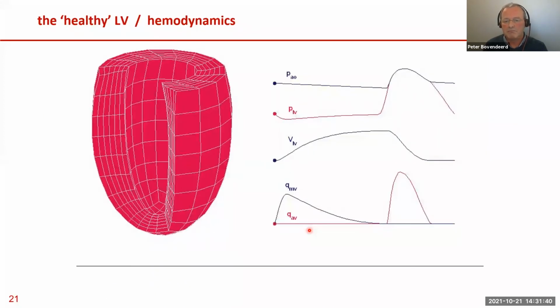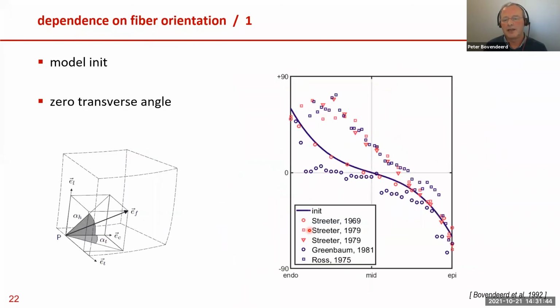Now this is one of the results we obtained with our models, and I want to look now in more detail at the effect of especially this fiber orientation. In my first studies a long time ago, I assumed that this transverse angle, this crossover of fibers from inner to outer wall, was absent, so at a 0 transverse angle.